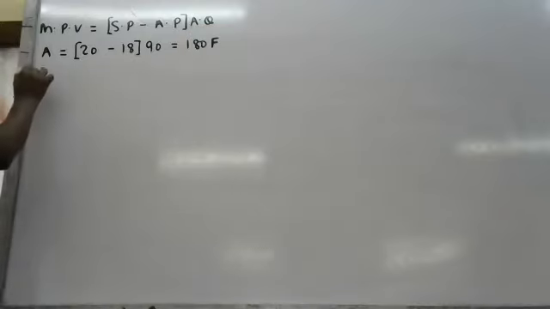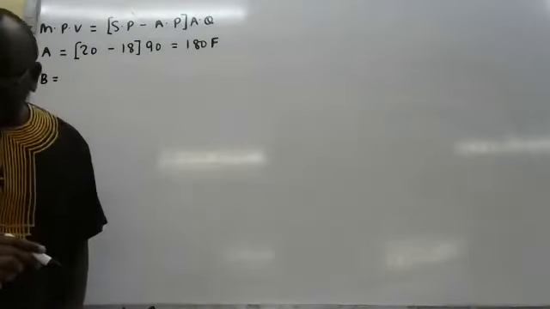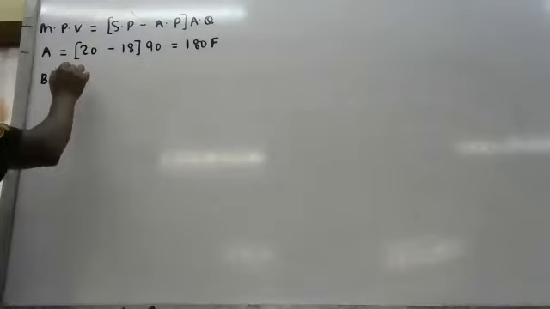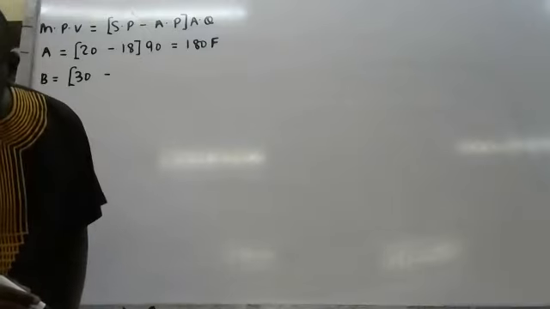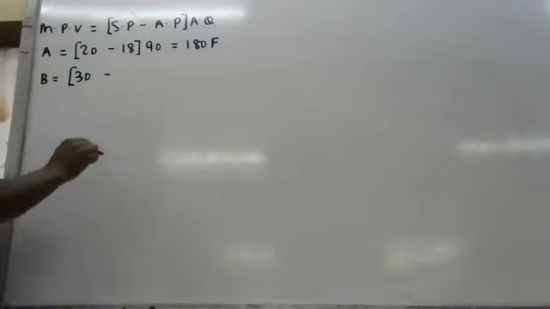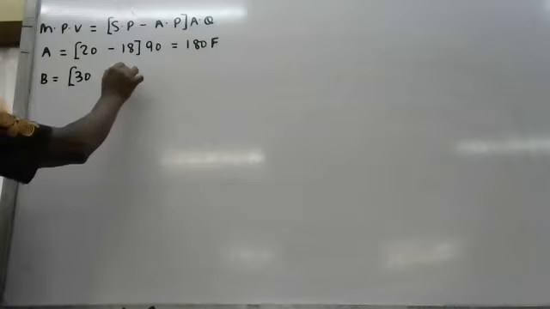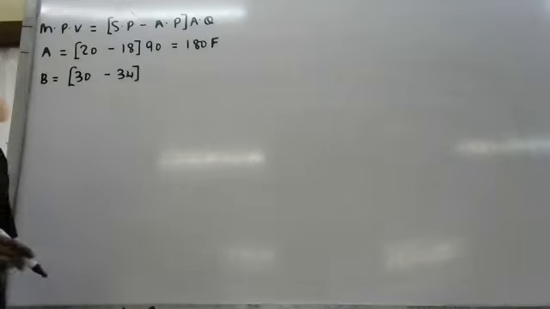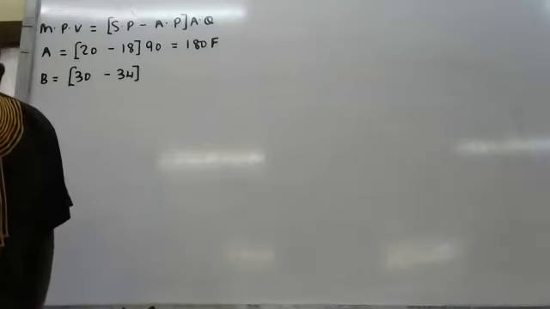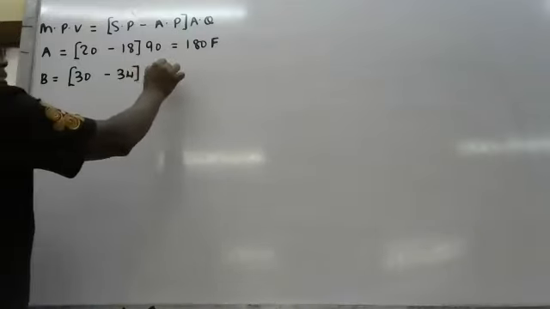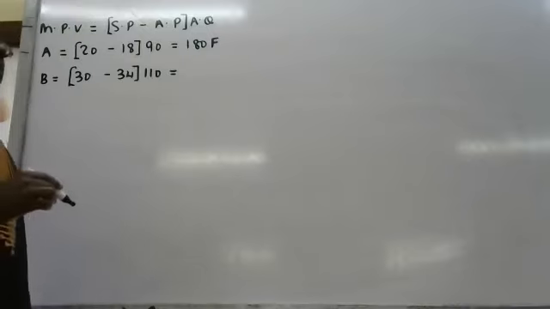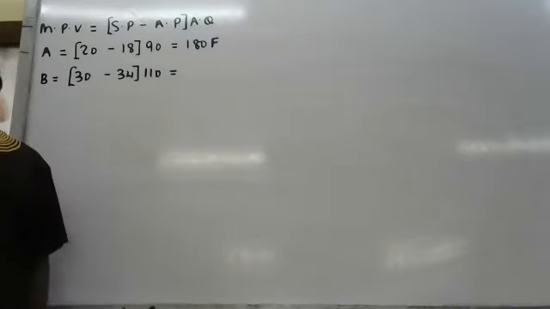Then for material B, it was supposed to be bought at 30, and then they got it at what? At 34. And the actual kilos that were gotten are 110.